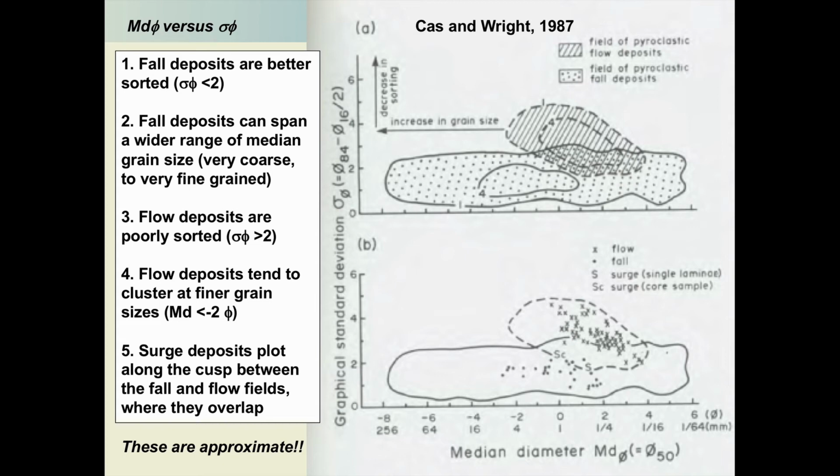Flow deposits tend to cluster at finer grain sizes. They tend to be up in the 0 to 2 to 4 phi range, or minus 2 to 4 phi range. Surge deposits tend to plot on the cusp in between the fall and flow fields where they overlap. So that gives you an idea of how robust this classification system is.